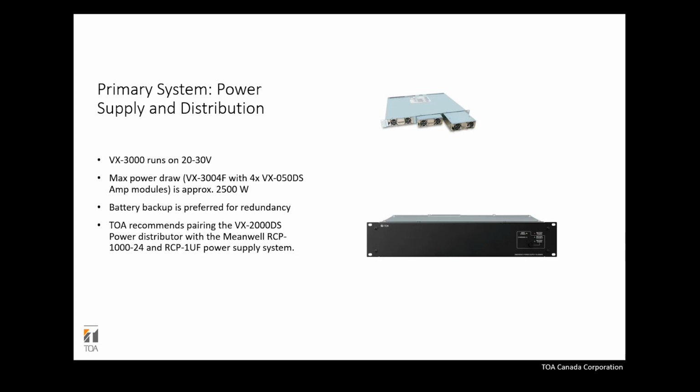Each module slotted into the system has an independent power connection. It runs on 24-volt DC and is supplied by the RCP1000 Meanwell power supply distributed via the VX3000 DS. Each frame has to be supplied independently, and each module has to be also supplied independently.